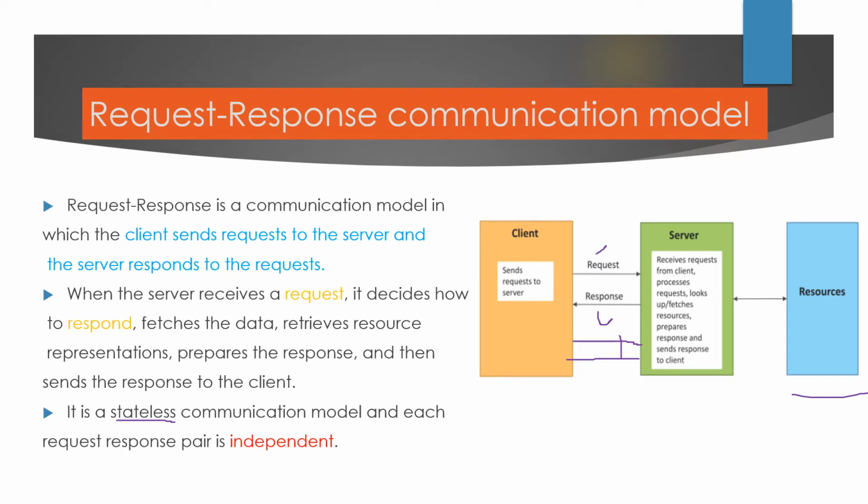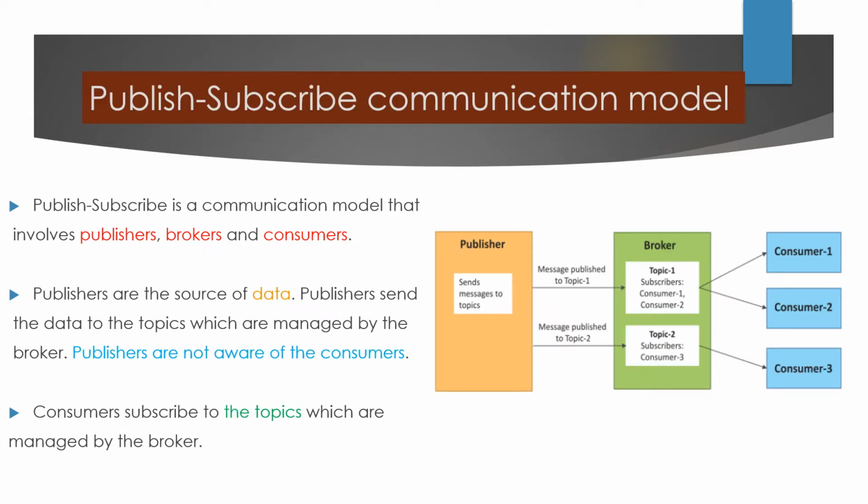Now we'll move on to the second type of communication model, that is the publish subscribe one. Here is the publish subscribe communication model, where we will be having a publisher, a broker, and a consumer. As the name itself indicates, it is a publish subscribe model, meaning someone will be publishing the data and someone will be receiving that data.